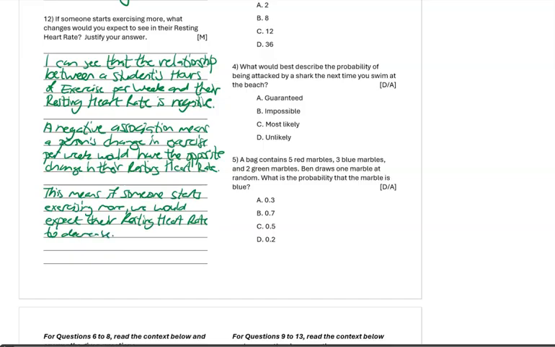And I think that wraps up the question. I've definitely justified my answer. I've talked a lot about the negative association and its implications. And then after that, I've clearly said it's going to decrease. And that wraps up the actual question that we're being asked.